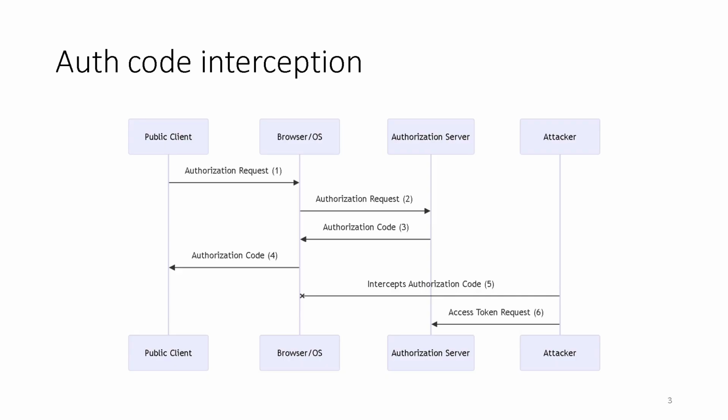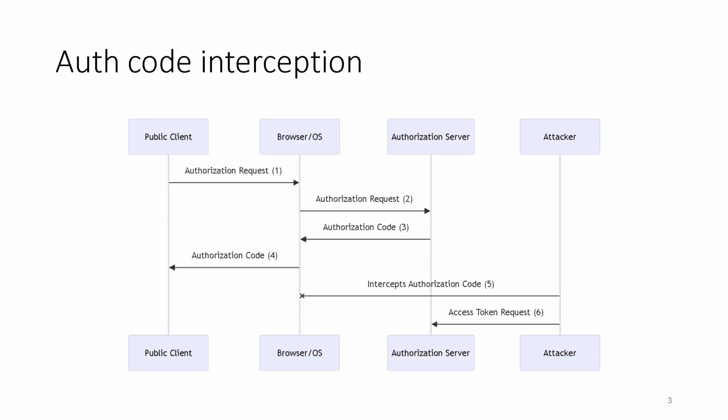This is an attack where an attacker intercepts the authorization code returned from the authorization server to the public client within a communication path not protected by TLS, such as inter-application communication. This is communication within the client's operating system.